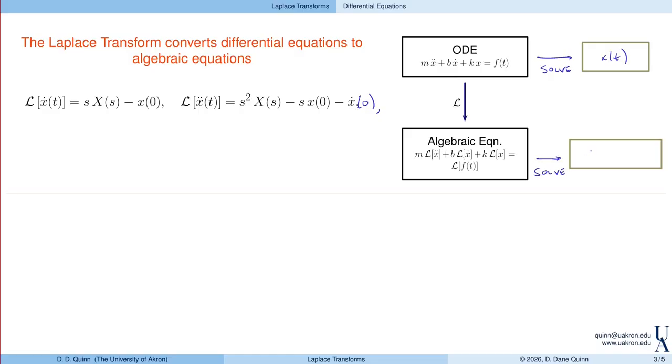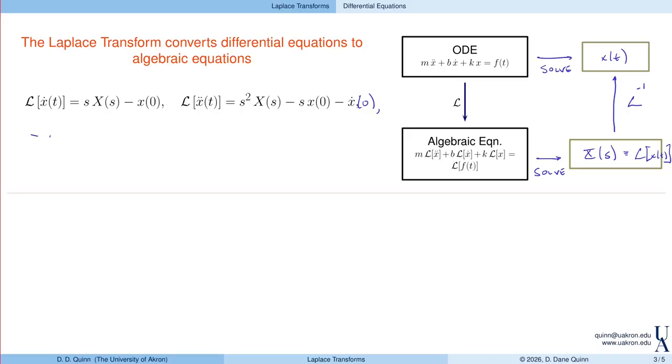So I can just solve for x of s from this algebraic equation, and of course, that is the Laplace transform of x of t. And so once I know that, I can take the inverse Laplace transform and recover the original solution.